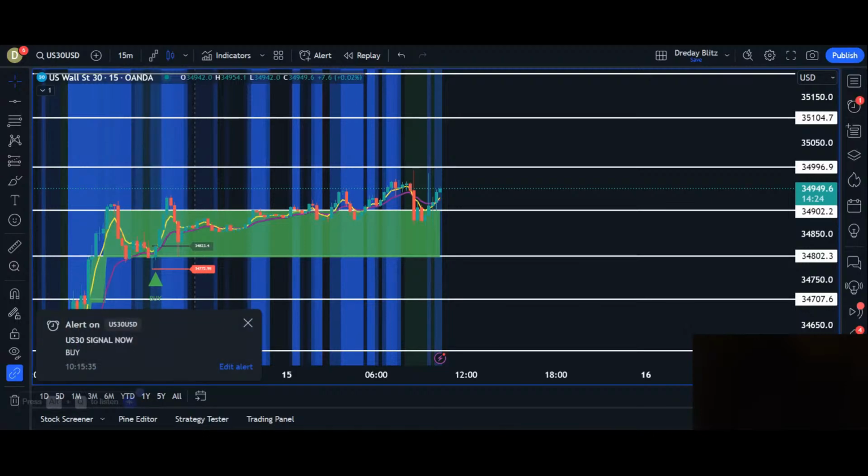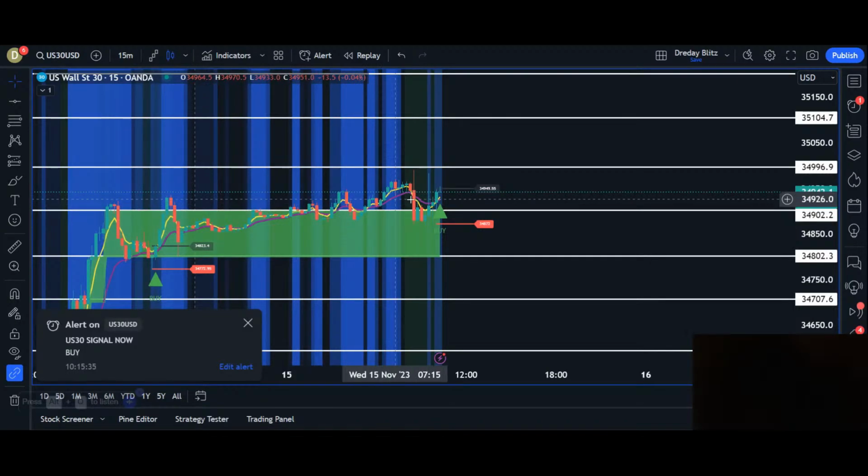Waiting for EMX and pull back into the... Okay, buy setup. Okay, perfect. Buy setup, great. So we have a US 30 buy signal again.